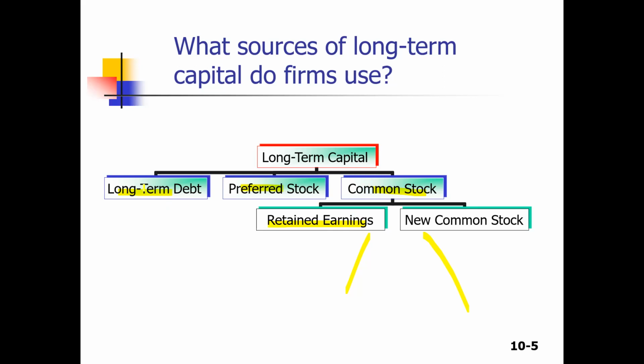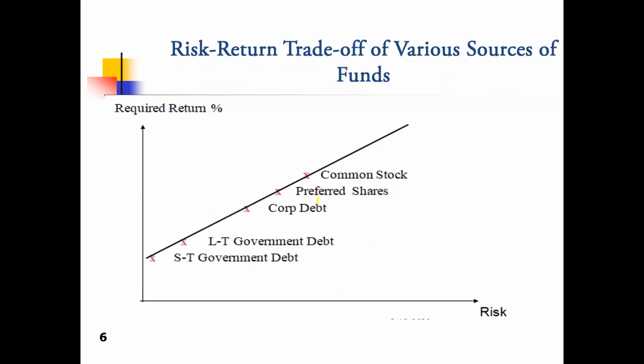Retained earnings is not a claim of the debt holders, bondholders, or bankers. Therefore, we consider it internal equity. A new common stock issue is what we call external equity. Therefore, we have to identify the cost of internal equity and the cost of external equity. Those are the sources of capital.